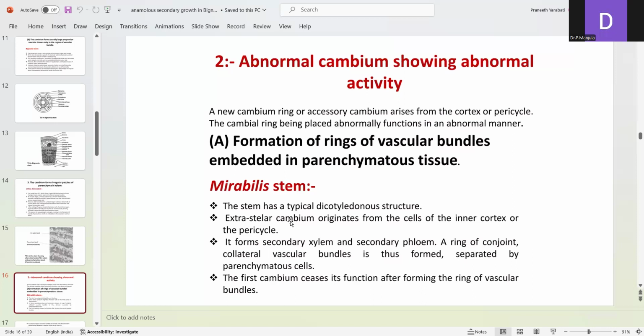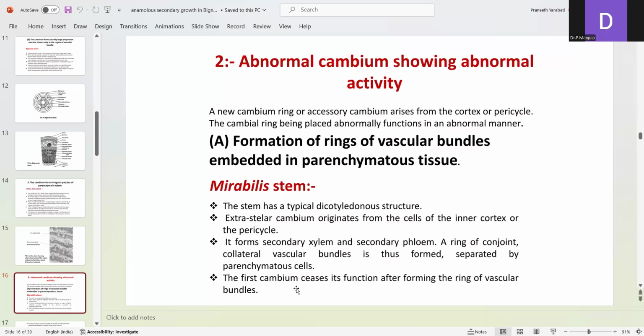Here in the Mirabilis stem, the cambium is developed from the inner cortex region. The cells of the inner cortex become meristematic and behave as a cambium. So it forms secondary xylem and secondary phloem. A ring of conjoint collateral vascular bundles is thus formed and separated by the parenchymatous cells.